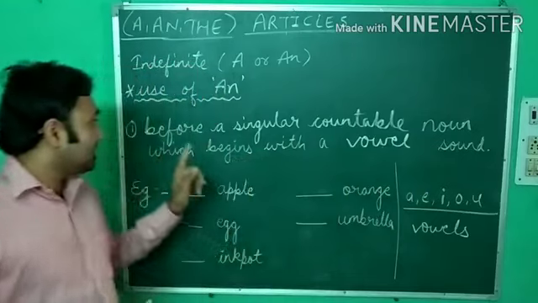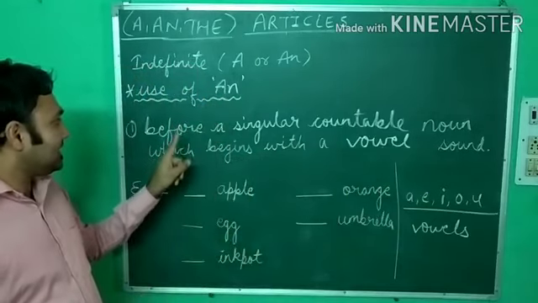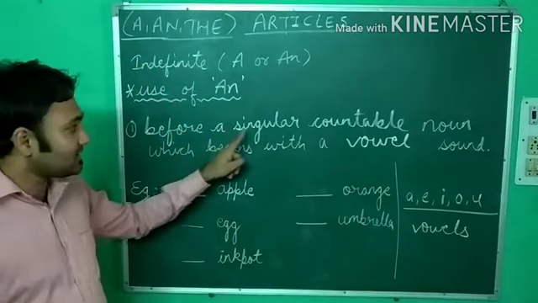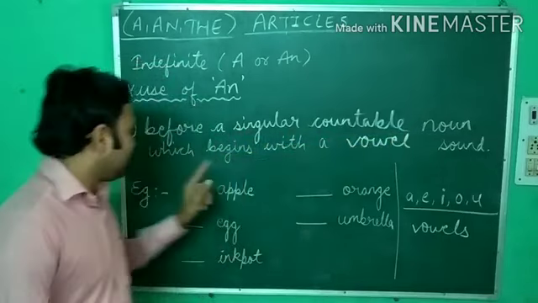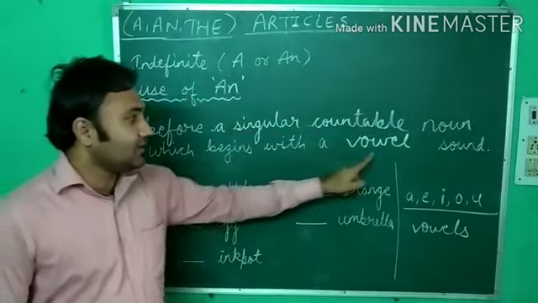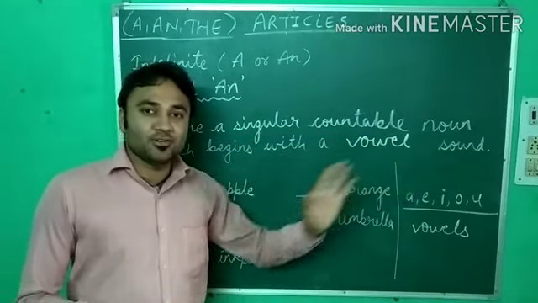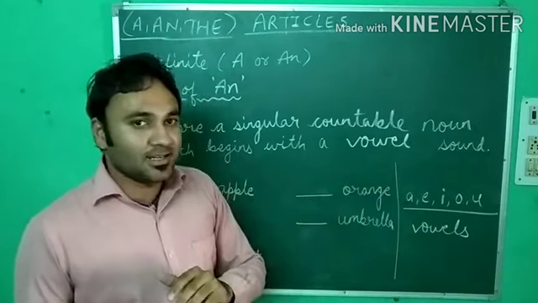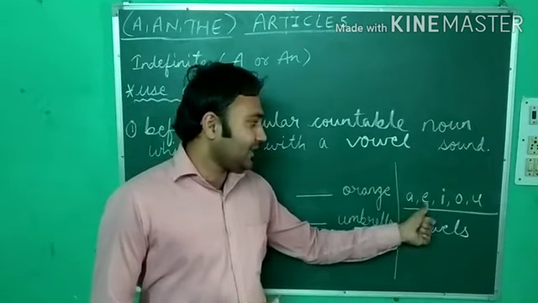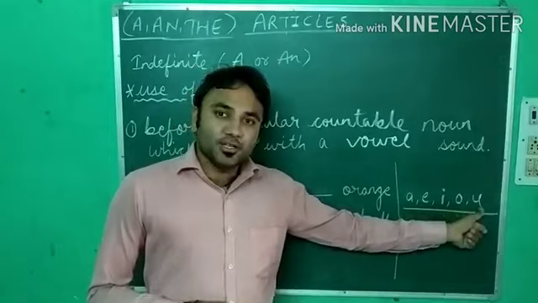Remember, article an is used before a singular countable noun which begins with a vowel sound. And you all know that there are 5 vowels in English, that is A, E, I, O, U.